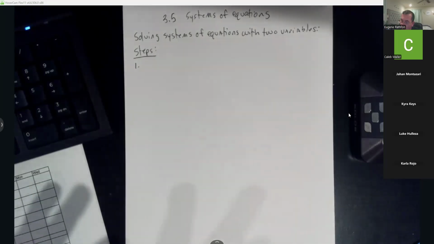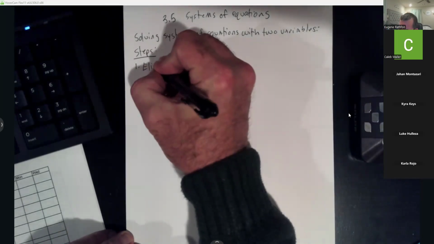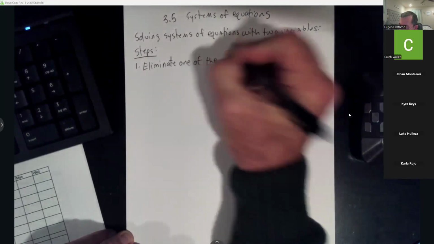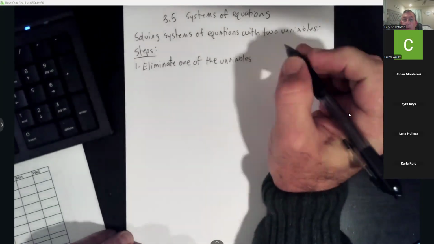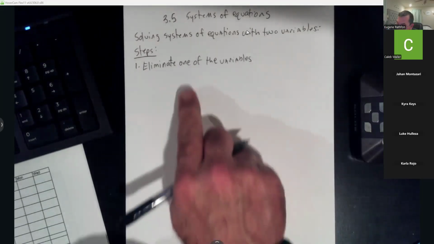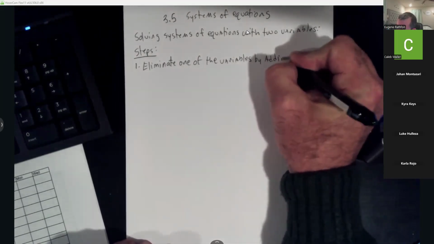All right, so y'all, what we're going to do, we're going to eliminate a variable by adding the two equations together. So we're going to eliminate one of the variables by adding the two equations together.